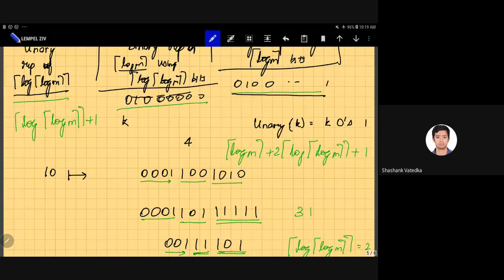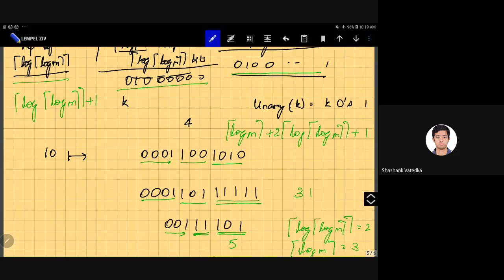So this scheme would be advantageous if there is a large variability in the value of m. If you want to store a sequence of integers, and most of the integers are small, but the maximum value is very large.